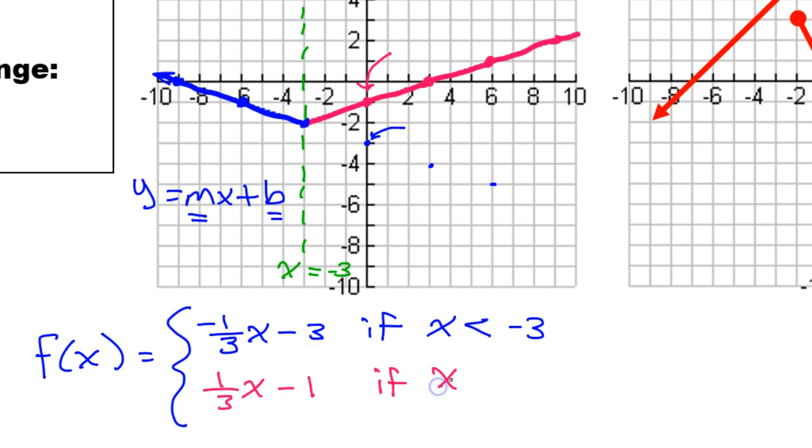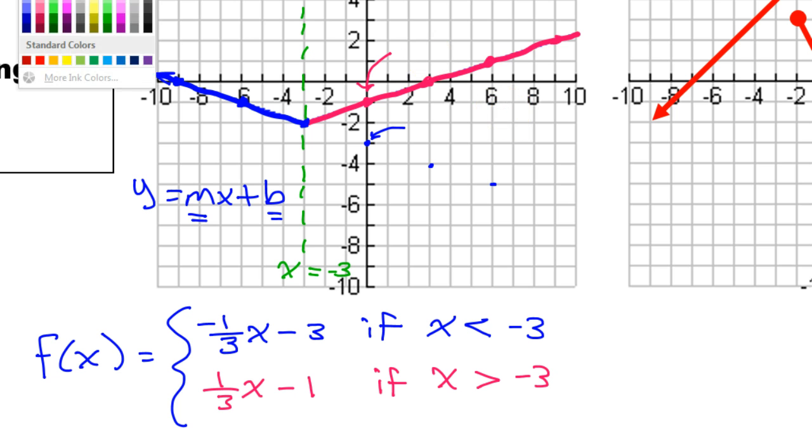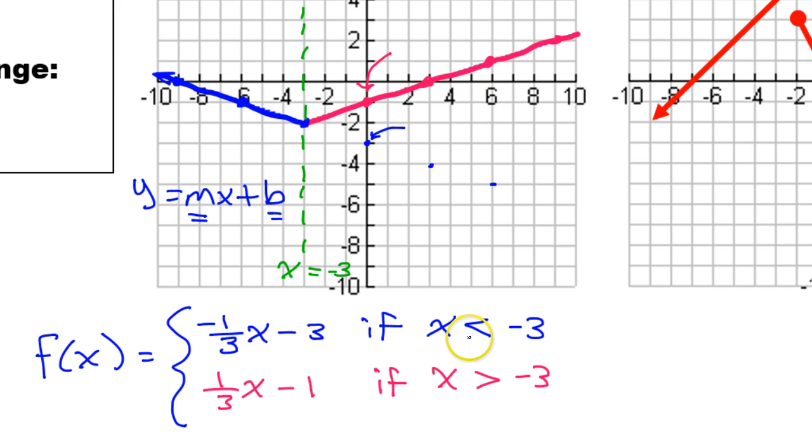And here we're going to say if x is greater than negative 3 because of the way it's going to the right. Now one of these needs to be or equal to, otherwise we'd have an open circle here. It doesn't matter which one you pick, so I'm going to let it be that one. So that is my piecewise function for this graph.